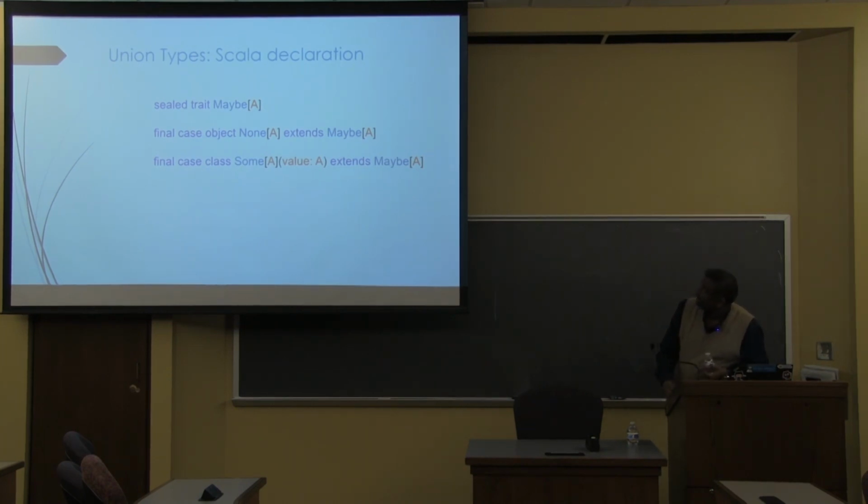They create a kind of abstract base class, and then derive two non-further derivable subclasses of it, and make that hierarchy fixed, so that when someone talks about the abstract base class, there's only that known set of derived classes that implement it. So there can never be another case class that extends Maybe.